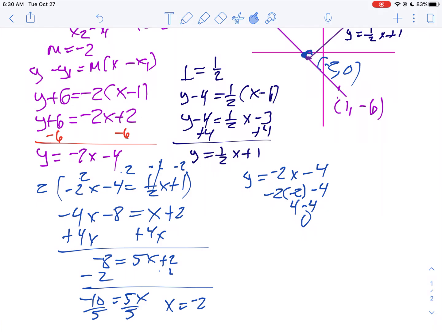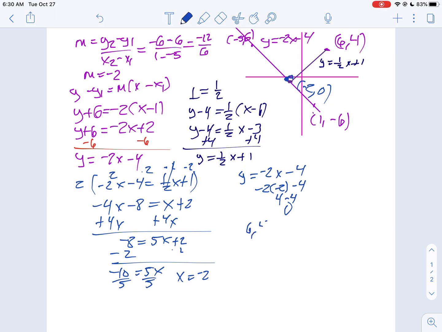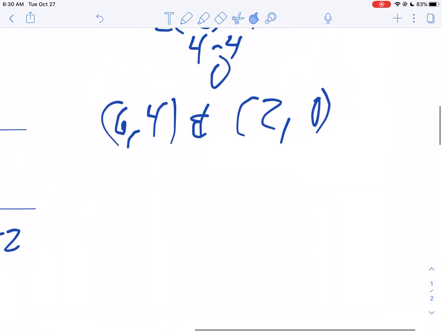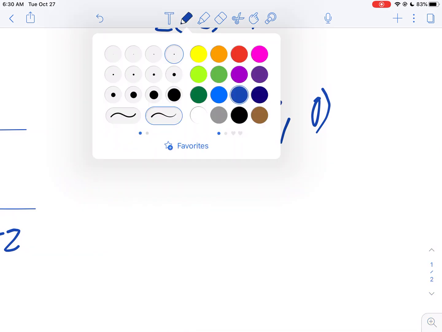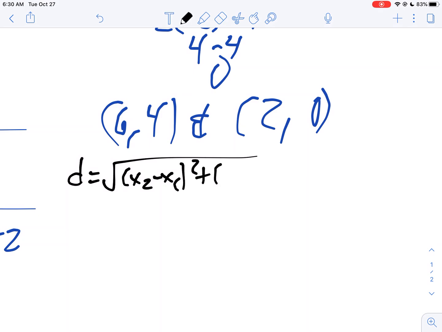Now, I want to find the distance between 6, 4 and negative 2, 0. To find the distance between 2 points, I'm going to use my distance formula. So distance equals, subtract the x's and square them, subtract the y's and square them.